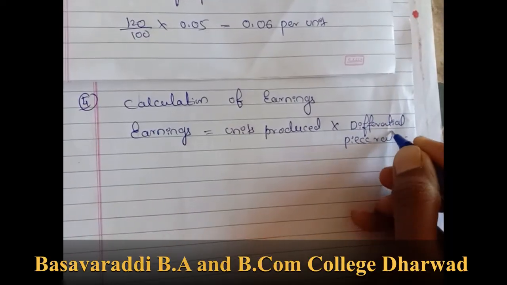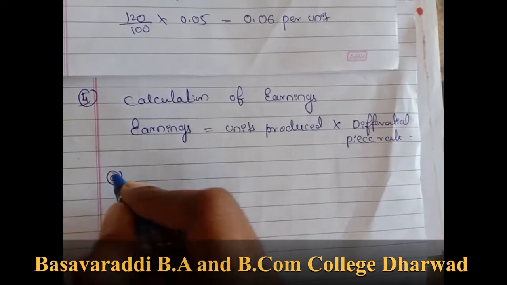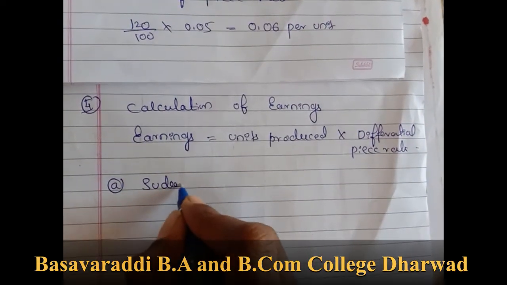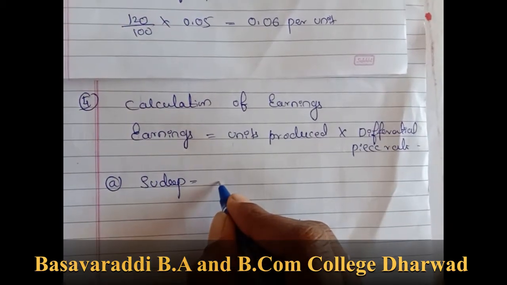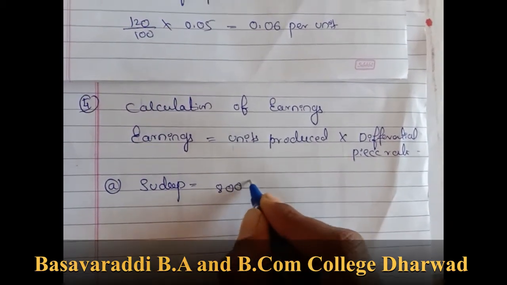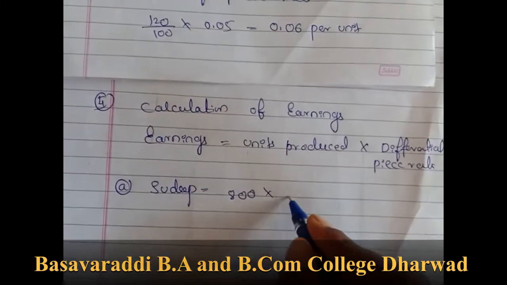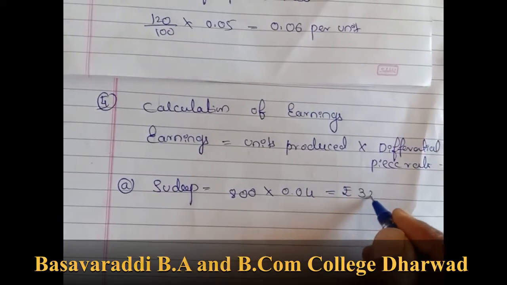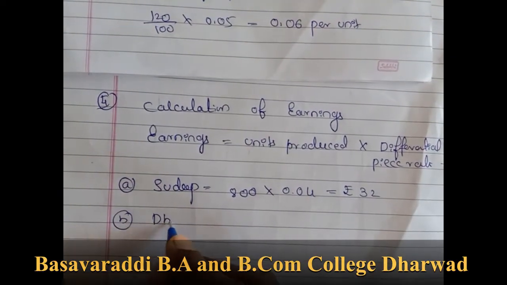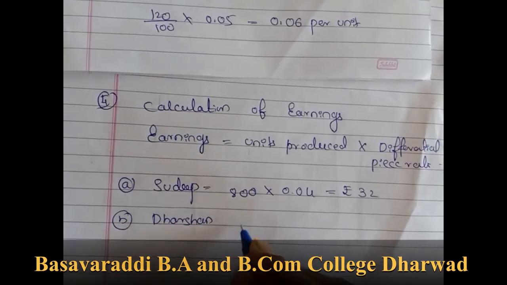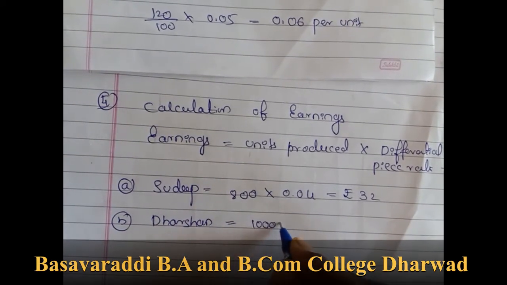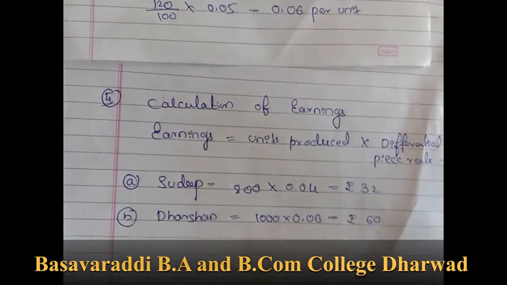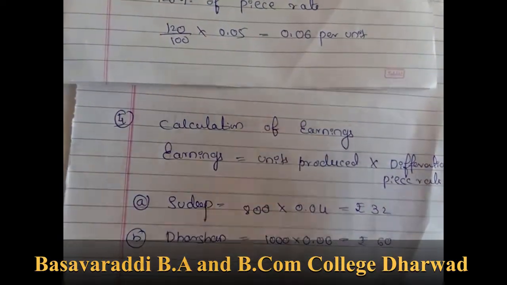A, Sudeep: units produced is 800, into differential piece rate 0.04, is equal to rupees 32. B, Darshan: 1000 into 0.06, rupees 60. I hope you understood the problem.